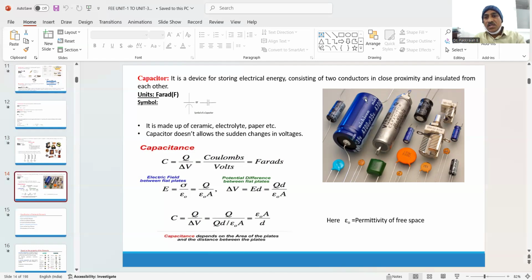Here you can see some of the capacitors that we use in circuits and other applications based on the requirement. It is made of ceramic or electrolyte material, and the energy stored in the capacitance in the form of an electric field is E equal to half C V square joule.